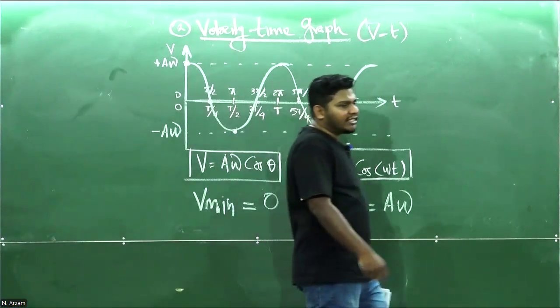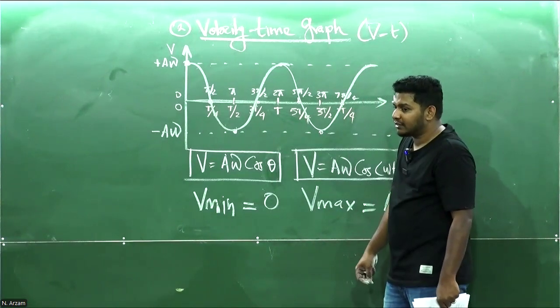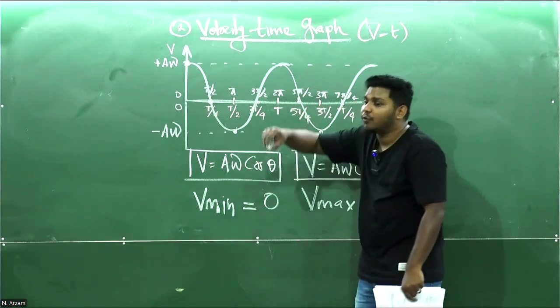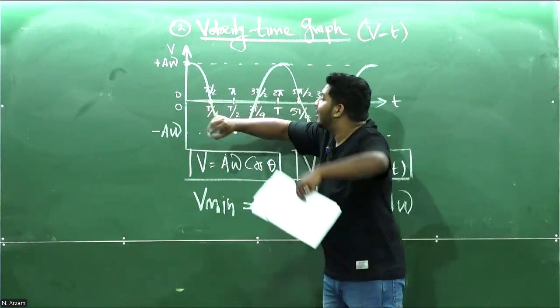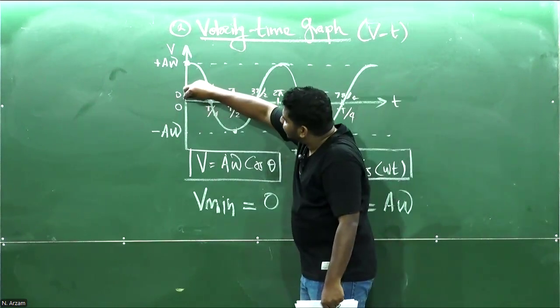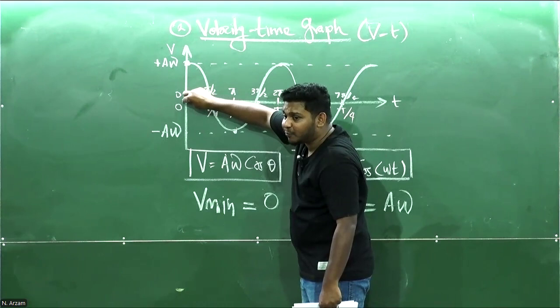So in which points is the velocity maximum? I'm asking in which points, the fixed point or the amplitude? Yes, very good. Look at here. Amplitude means this, and the fixed point means phi equal to 0, theta equal to 0.